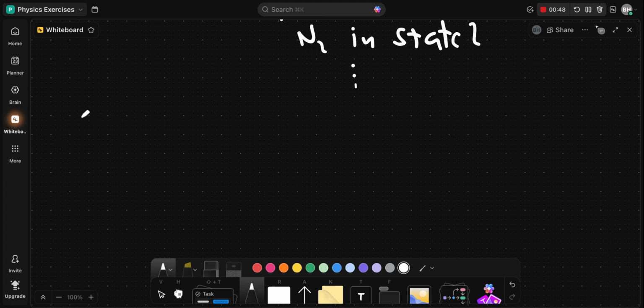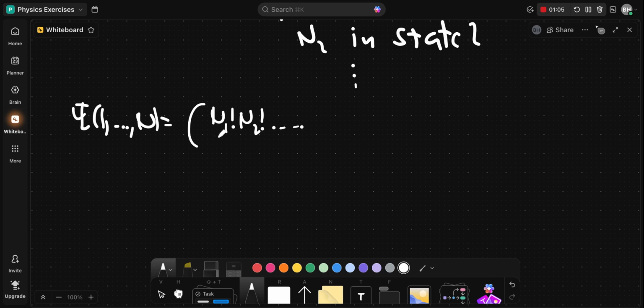So I could write, for example, psi of 1 through n. Okay, and this is going to have a normalization factor, the square root of n1! n2! and so forth, divided by n!.